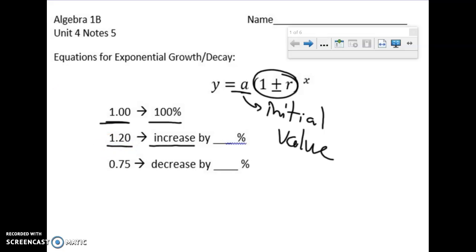But how much bigger? Well, it's an increase of 0.2. Now, with decimals, you always have to move it 2 times to make it a percent. So we add in a 0, and we consider this 20%. So that's a 20% increase when we have a number like 1.2, because the 1 is the original, the 100%.